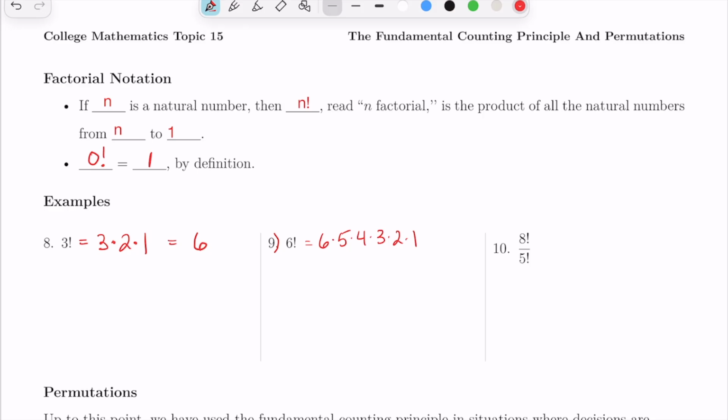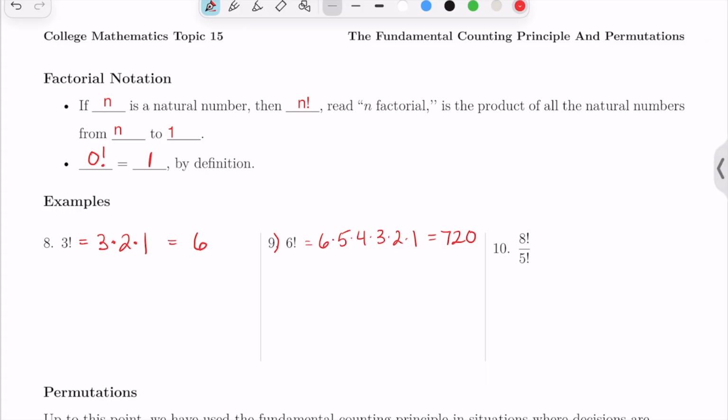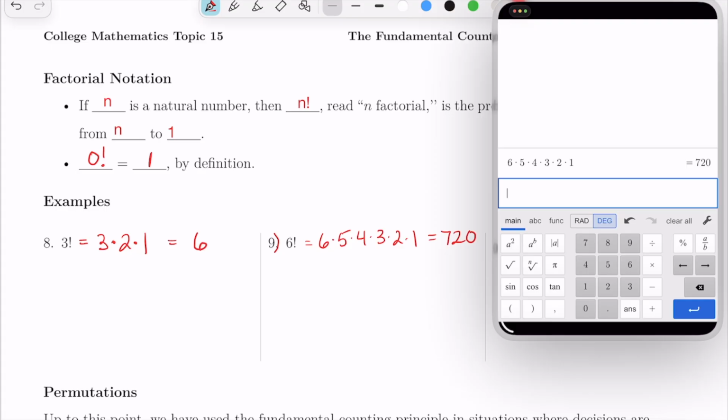So I can grab my calculator and do 6 times 5 times 4 times 3 times 2 times 1, and I get 720. Well, that's nice. But your calculator can actually do more than that. So if I grab this calculator back again, I can do 6, and if you have a keyboard, you can actually just hit the exclamation point and that'll work.